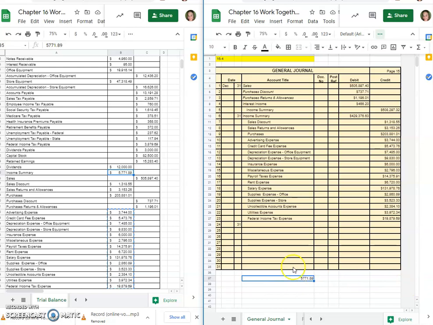We have a debit of $5,771.89, a debit for this one, $429,376.63, and we have a credit to income summary of $508,297.32.